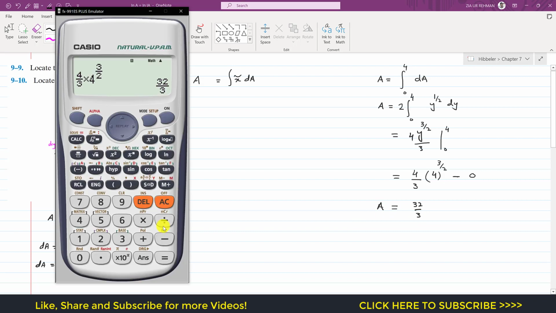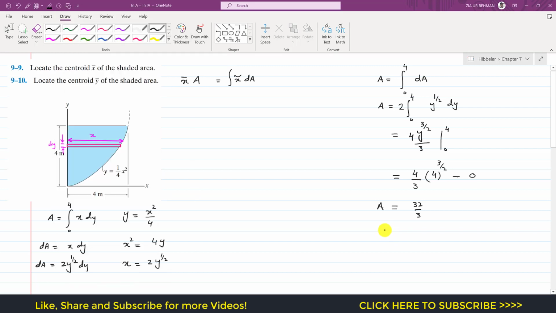If we divide 32 by 3, that is 10.67. So the area is equal to 10.67 meters square. So now we know that blue shaded area.